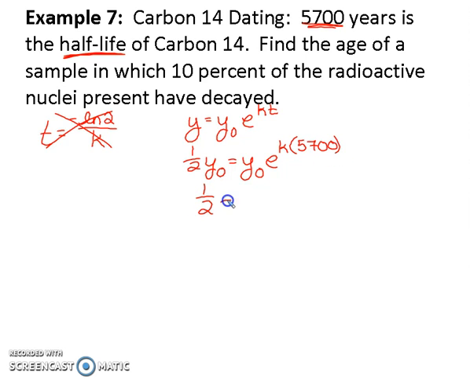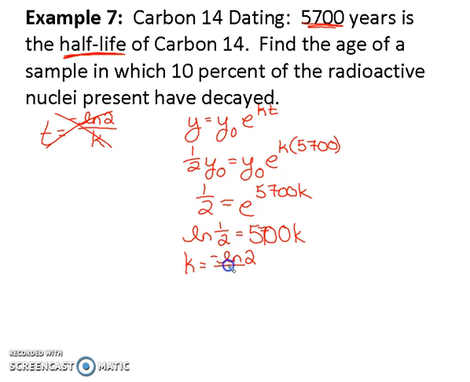So 1/2 equals e to the 5,700 k. Natural log of 1/2 equals 5,700, forgot my 7, 5,700 k. Divide, and so you get k equals negative natural log of 2 over 5,700. And if you don't understand why that's negative natural log of 2, go back and look at example 4.